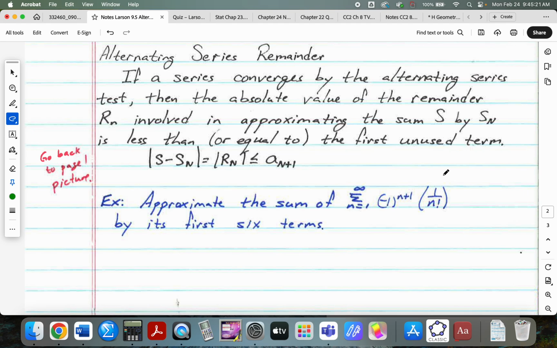So the error, which is the difference between the sum of the whole series and the nth partial sum, has an absolute value, we call that r sub n, the remainder, or the error, same thing, that's less than or equal to just the positive part here, a sub n plus 1.